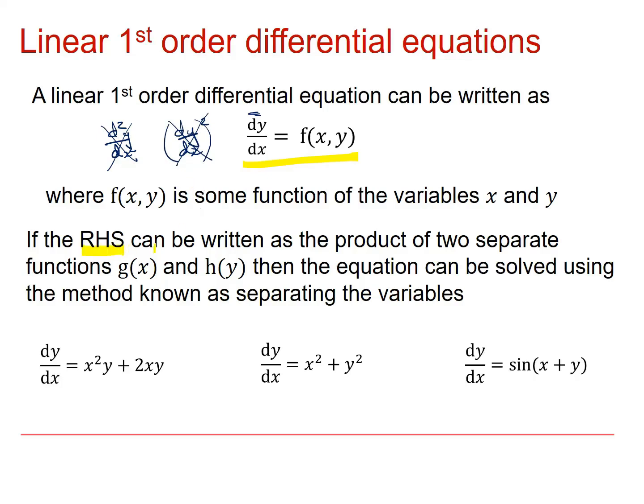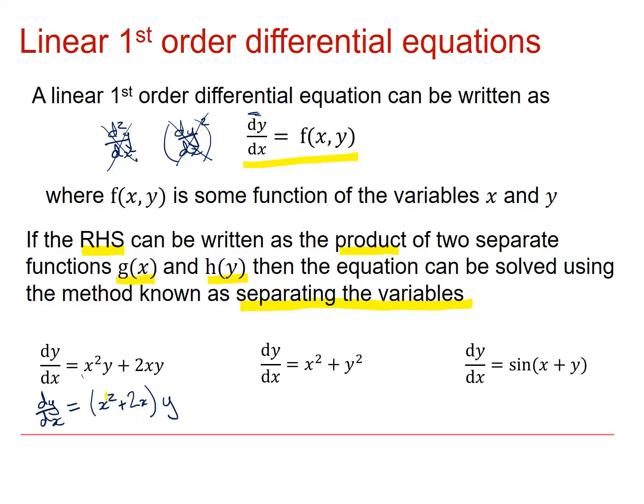If the right-hand side can be written as the product of two separate functions, g(x) and h(y), then the equation can be solved using a method known as separating the variables. If we look at this first equation, I can rewrite it as dy by dx is equal to x squared plus 2x times y.